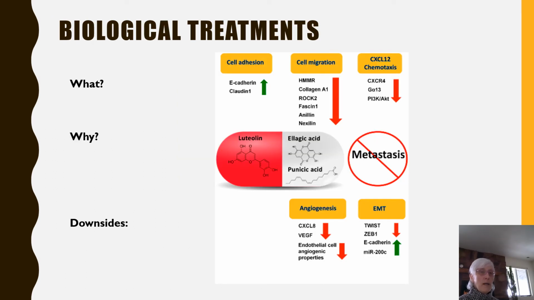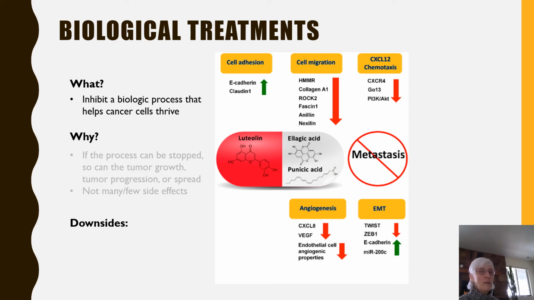Okay, and finally, biologic treatments are treatments that don't specifically target the cancer cells, but rather target other biologic processes that help the cancer cells grow. So a few of the potential targets of these biologic treatments include targeting cell adhesion or cell migration, and those might be involved in the metastatic process, so you can inhibit metastasis with biologic treatments.